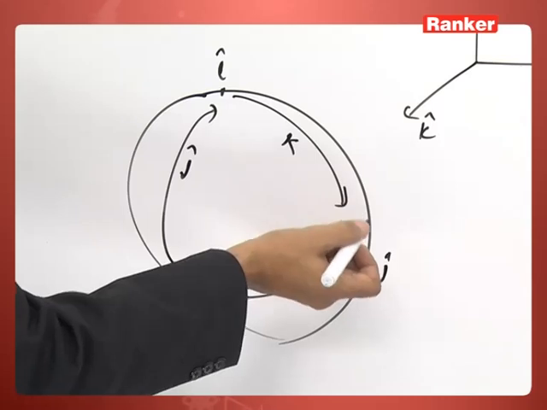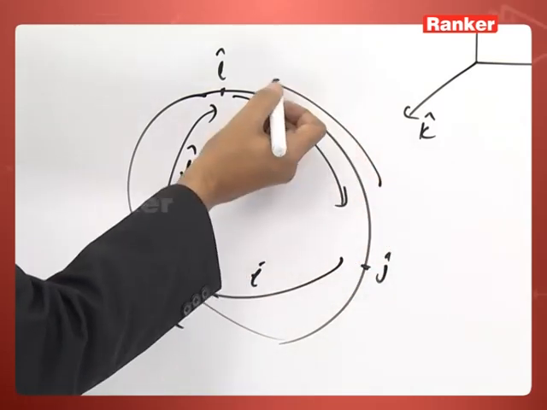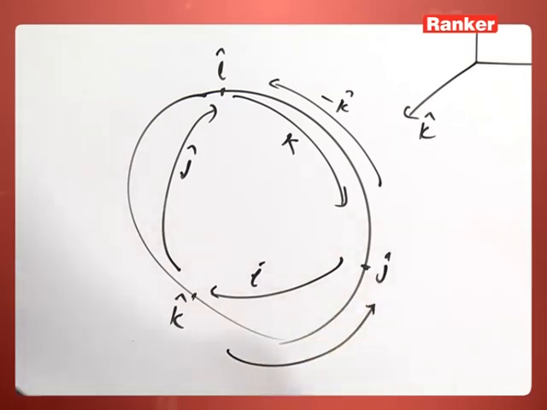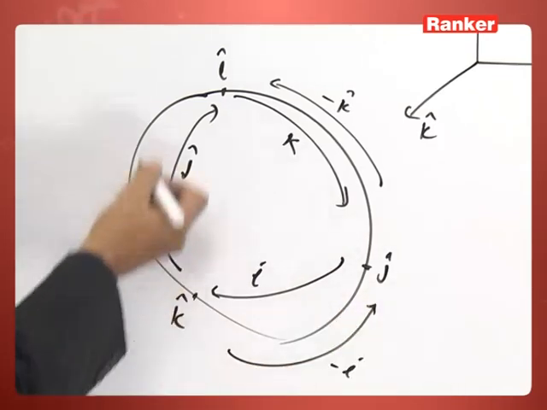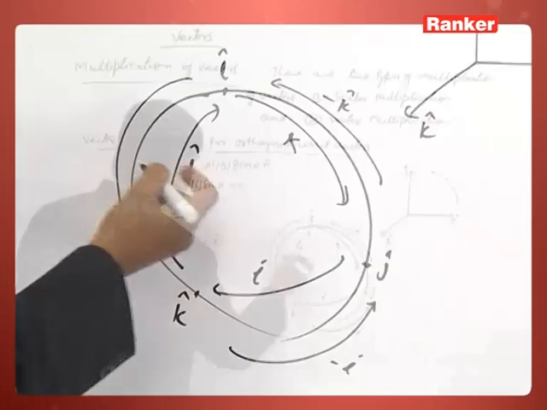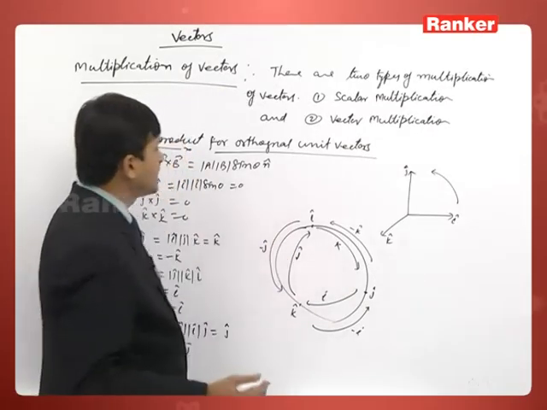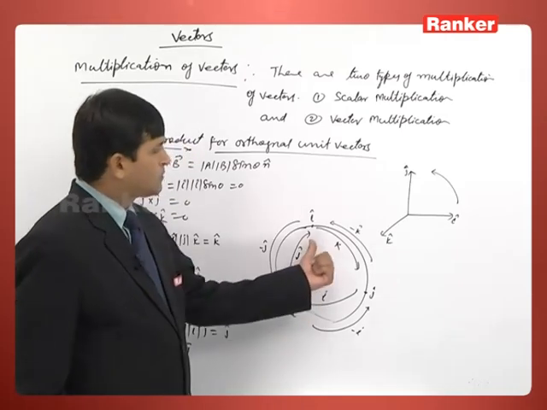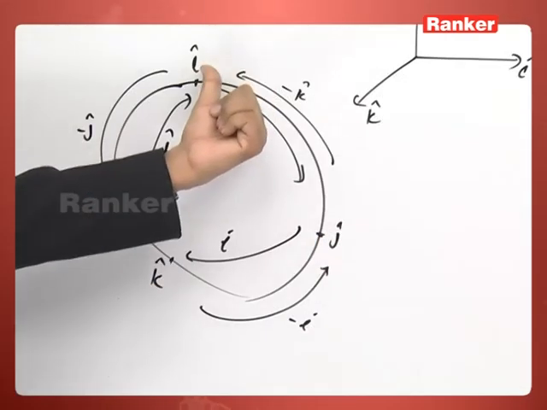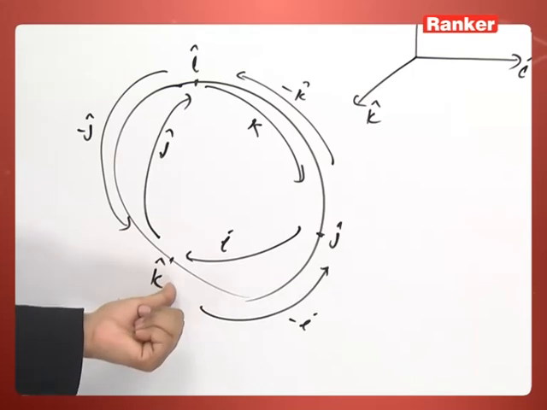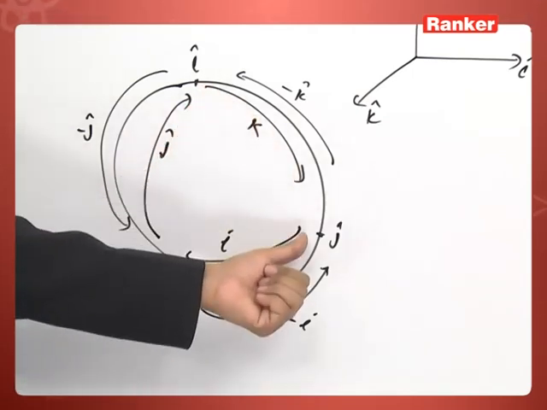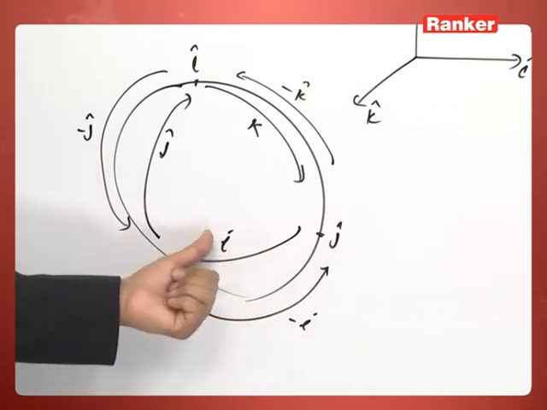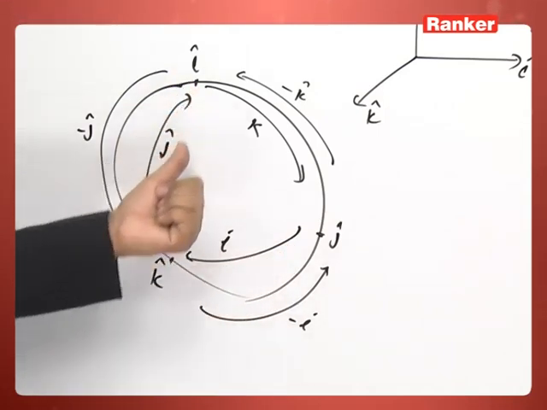In reverse, when you move in that side, minus k, in this side minus i, and this side minus j, like that. So for simplicity, to remember, you can make this i, j and k. So i cross j is k, j cross k is i, and k cross i is j.